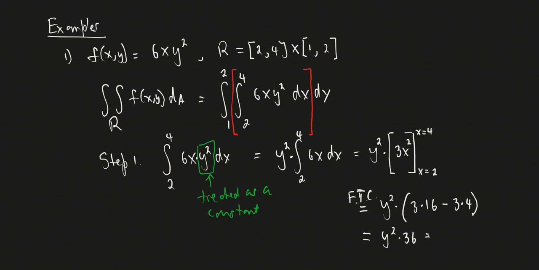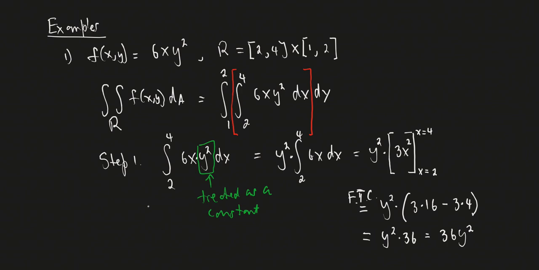So after doing the first of our two iterated integrals, we get a value of 36y squared, right? So what we have in the square brackets, the red brackets here, that is equal to 36y squared. And then we take this result and integrate it with respect to y from 1 to 2.